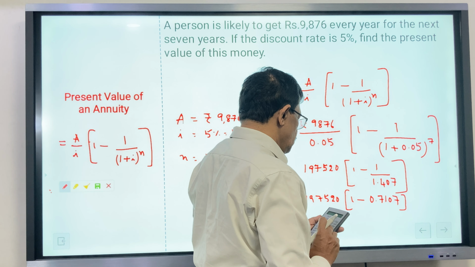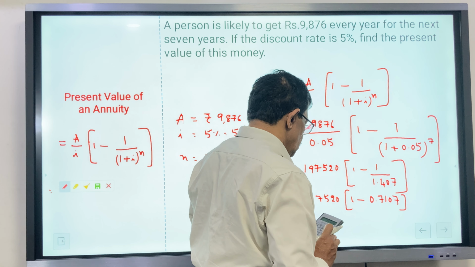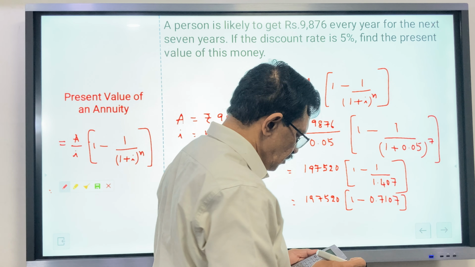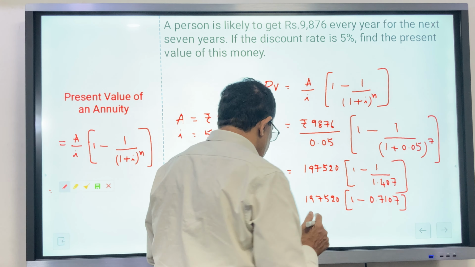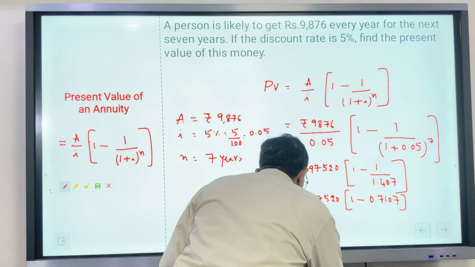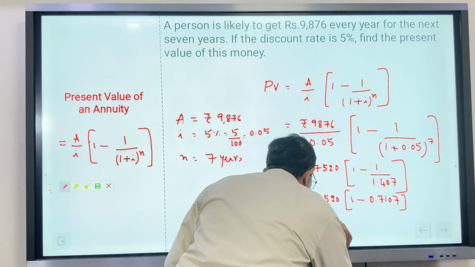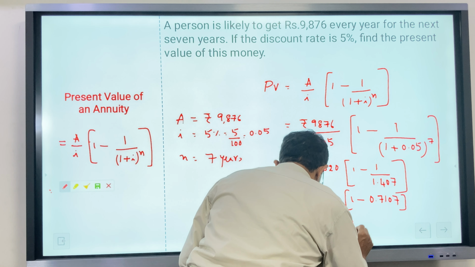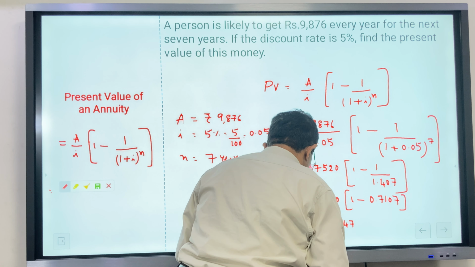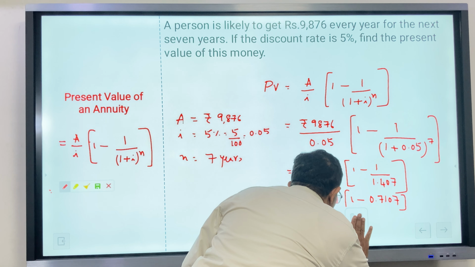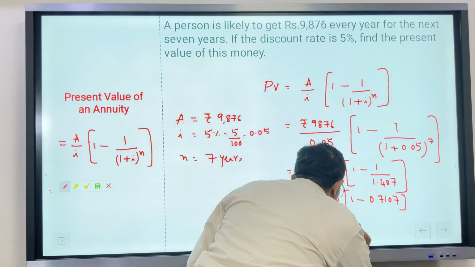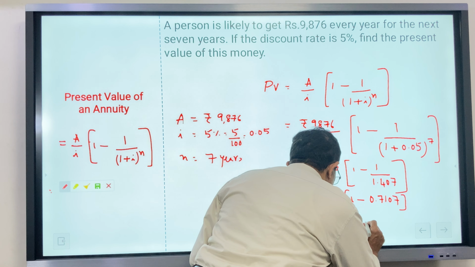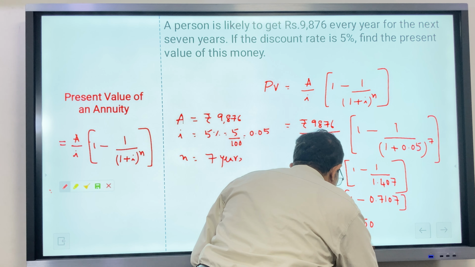So the amount which we are going to receive is equivalent to 57,142.50. You can take that particular amount.